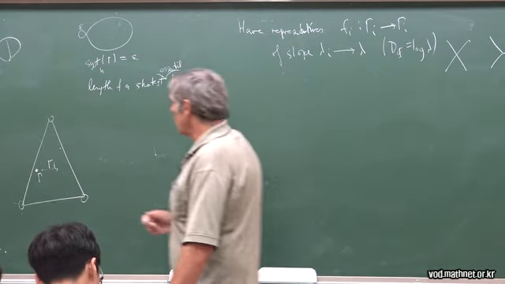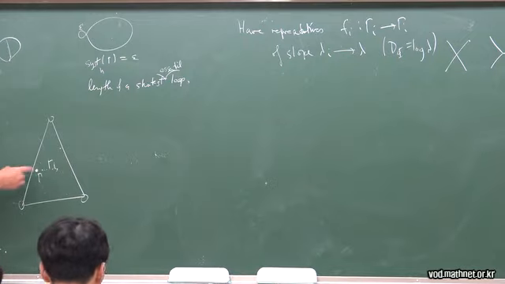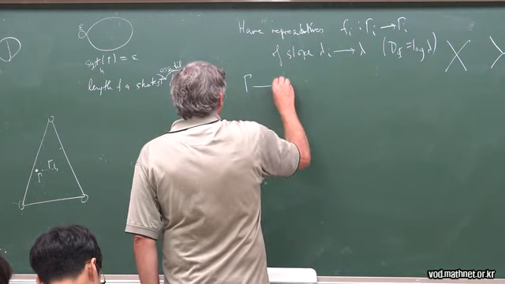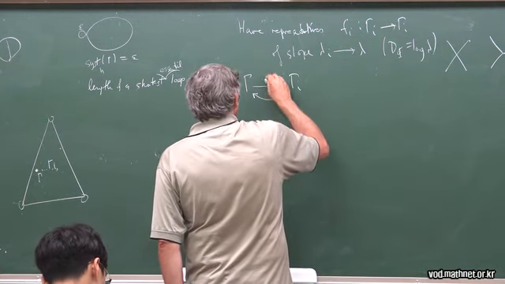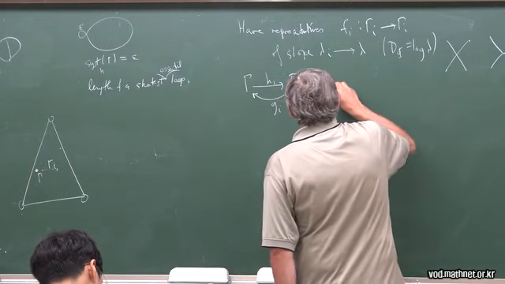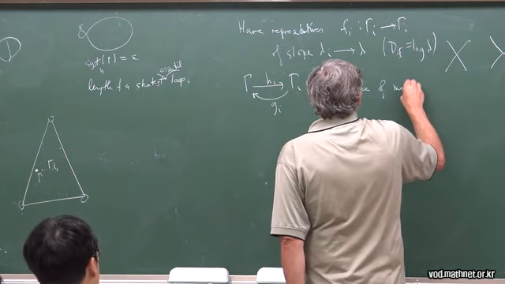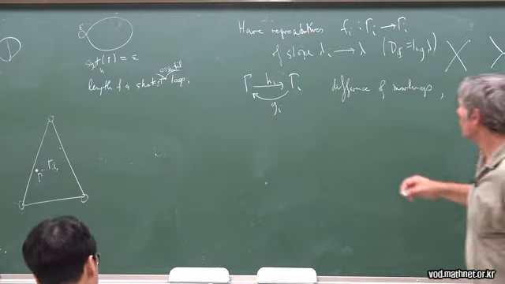And then we also have these difference of marking maps between gamma and gamma i. So we have gamma to gamma i and gamma i to gamma. Maybe I'll call them h_i and g_i. And these are difference of marking maps, and their slope goes to 1.